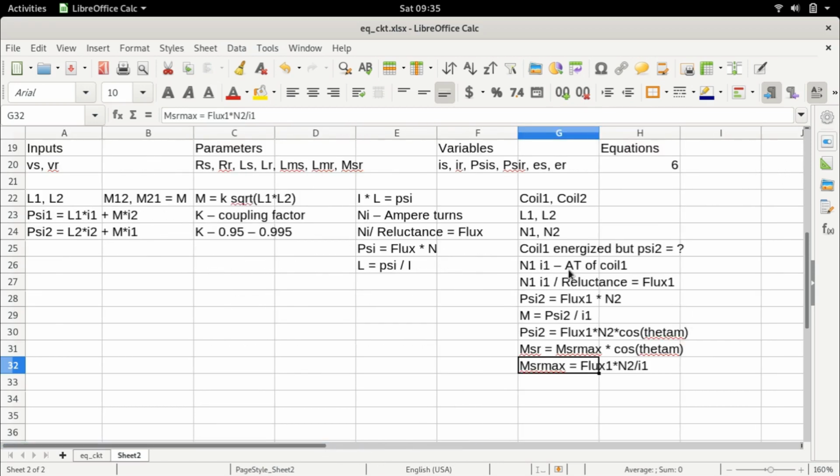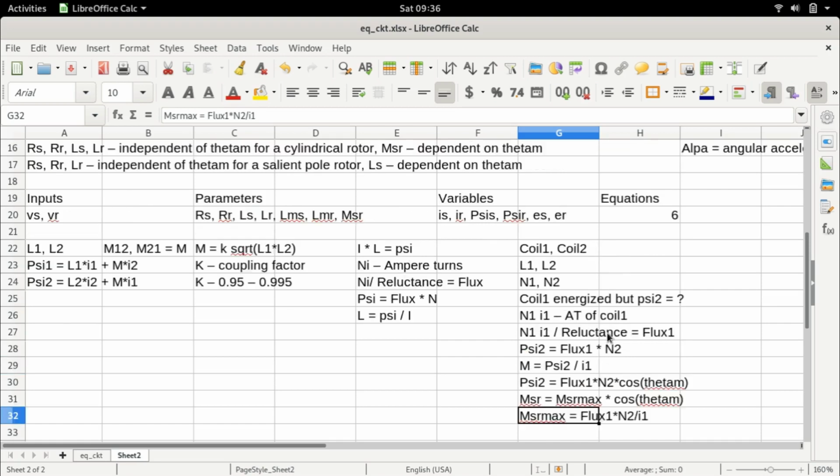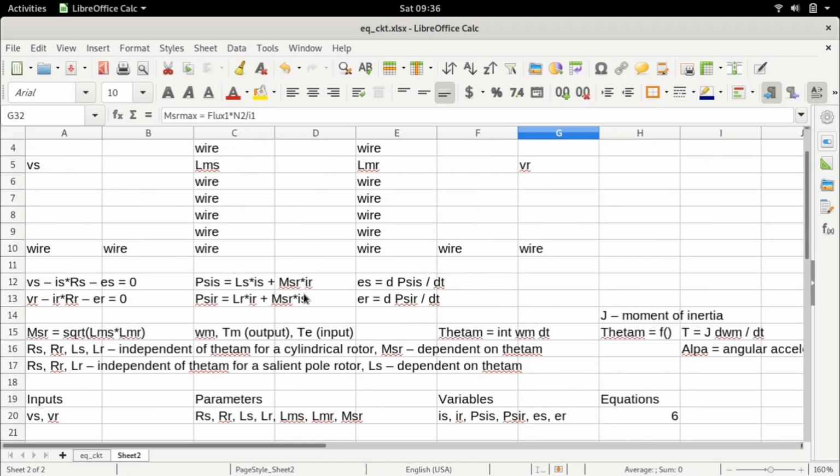That is, we just have to find out that a certain current is flowing through the stator. This current will encounter a certain reluctance and therefore will end up producing a certain flux. So this derivation I had done long back. Once we take this equation and put it here, we have a set of equations.